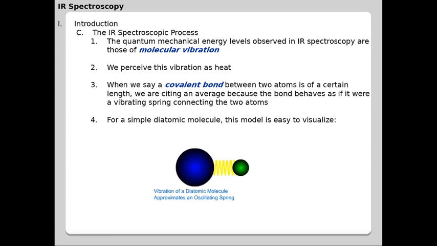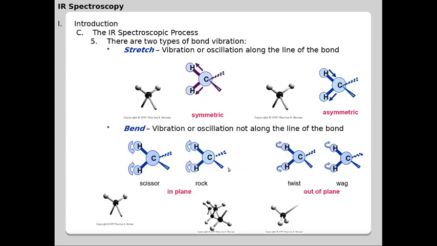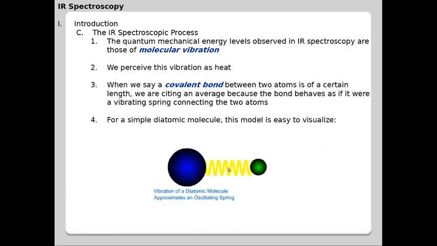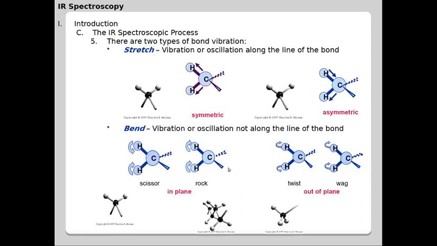Consider the vibration of a molecule like the vibration of an oscillating spring. There could be several vibrations in molecules, and the bond vibrations can be classified into two categories: stretching vibrations and bending vibrations, which you have already seen.